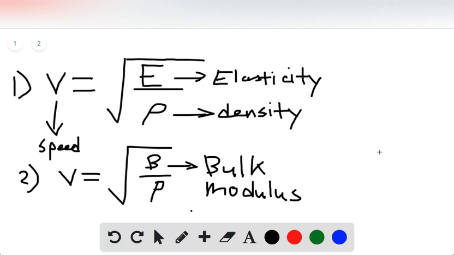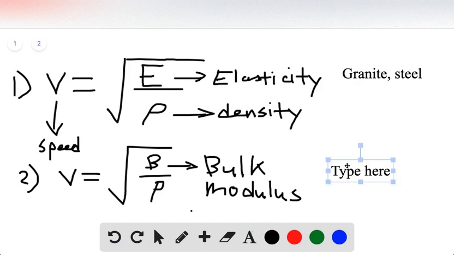So 1 is for granite and steel, and 2 is for water, because this top equation over here is actually only for longitudinal waves propagating in a solid, which granite and steel both are. And this equation here is for those waves traveling through a liquid or a gas. Water is a liquid, so this is the equation that applies.